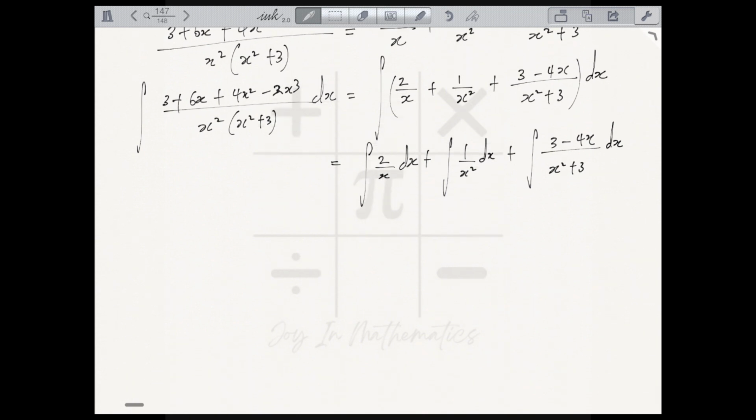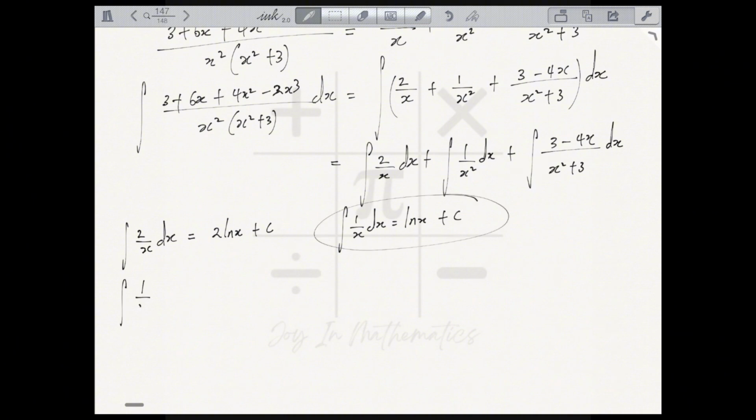Now let's simplify each term. The integral of 2/x dx is equal to 2 ln|x| + c, because integrating 1/x with respect to x will give us ln|x| + c.